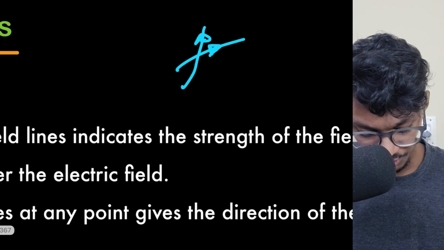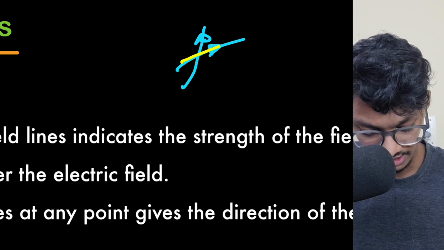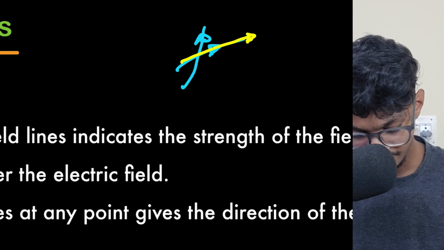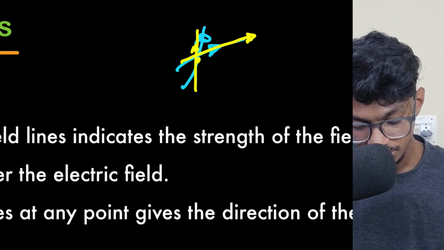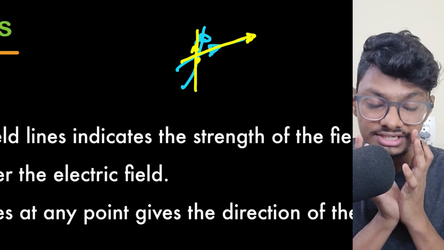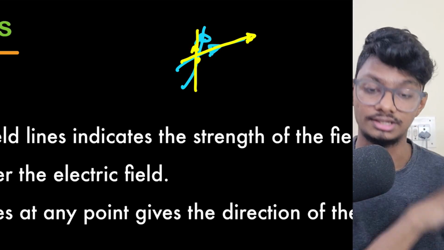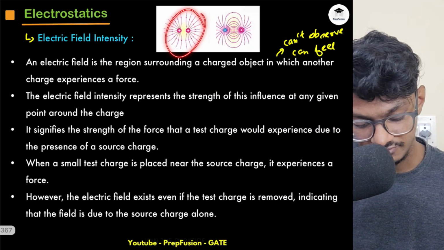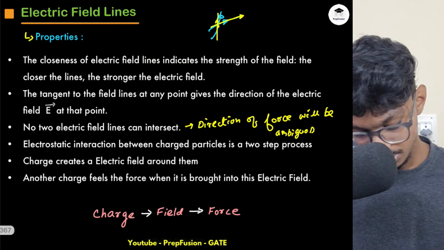At this point, this electric field line is telling me that the electric field intensity direction should be this, but this field line is telling me that the direction of electric field intensity should be this. So at the same point, the direction of electric field intensity is different. That is not possible. The electric field intensity can only have one direction. So that's why electric field lines can never intersect each other. I hope you understand that point.